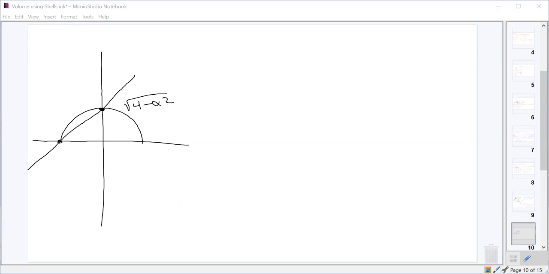Take that same region, but let's revolve it around the line x equals -3. Okay? So this is still x plus 2, but we're going to go around x equals -3.